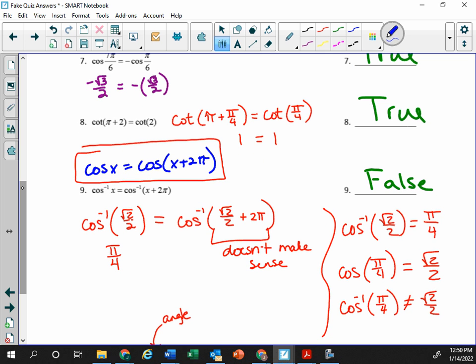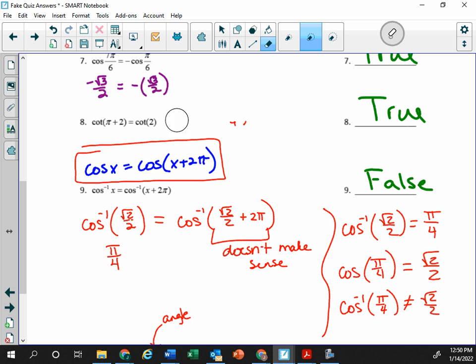So let's look at 8. What is the period of cotangent? Do you remember, Kate? Yes. So if I've got cotangent of 2, even though I don't know what 2 is, adding pi to it is going to take me to an equivalent spot because the period's pi. So that's one way you can think about it. But if you're uncomfortable with not knowing what cotangent of 2 is, let's try it with something else in there.